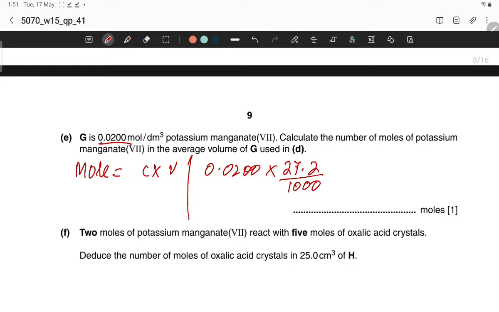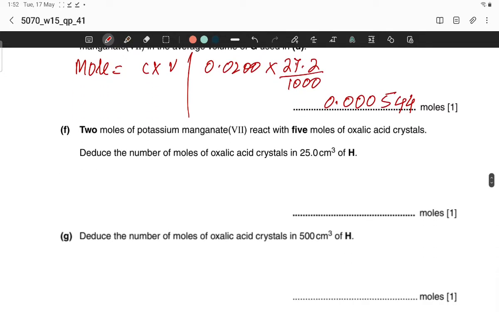The answer is 0.000544. So 2 moles of potassium manganate react with 5 moles of oxalic acid.